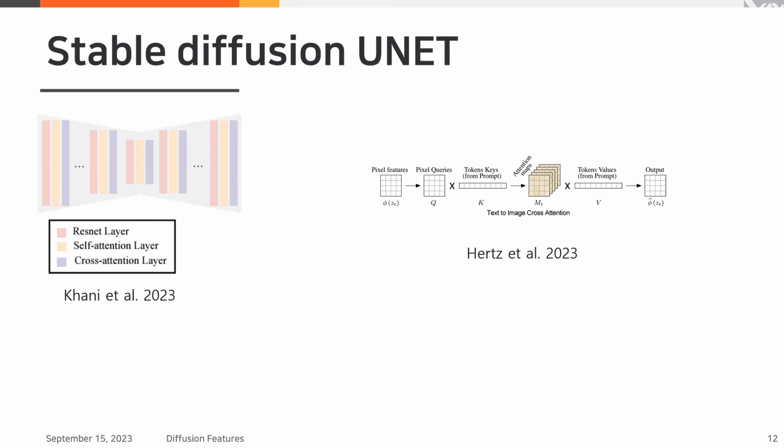In this UNet, there are ResNet layers followed by self-attention layers, and afterward the cross-attention layers come. The ResNet layers generate the overall structure, while the cross-attention layer gets the prompt for the conditions. As you can see on the right, the token comes from the prompt and works as a key to make the attention map and multiply to make the output.